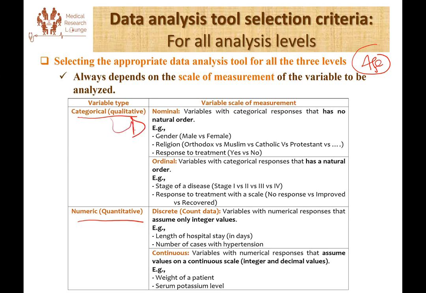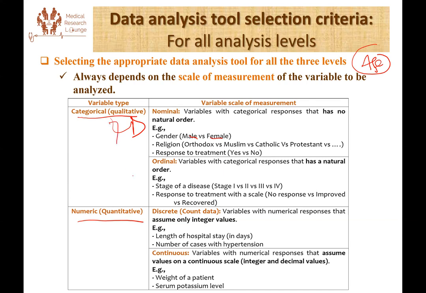Nominal is just a variable with two or more responses which doesn't have any natural order. That means one of the responses doesn't have any higher rank or lower rank compared to the other. Here, for example, we have gender, male, female. We can't say that female is greater than male or male is greater than female. The same works for religion or other nominal variables.